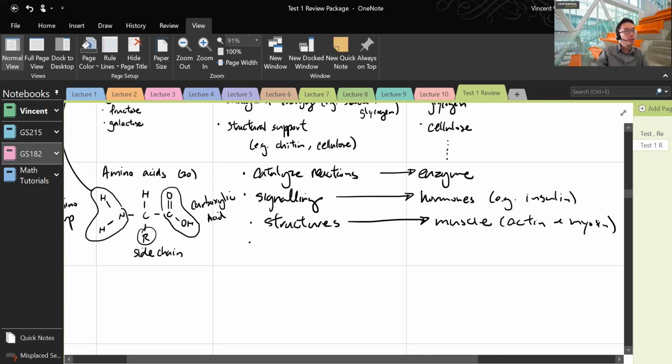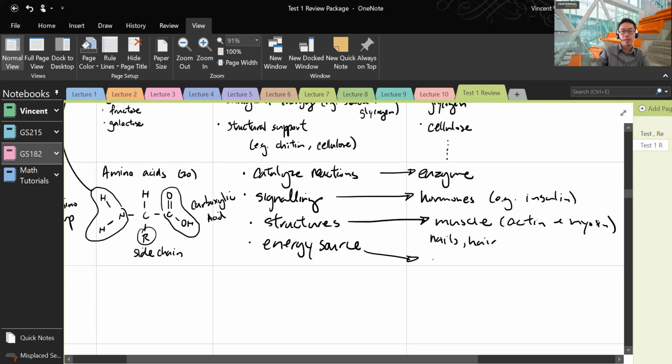What's another one? Maintains pH. Yeah, could be. Not a big one that we talked about, but that could happen if we have an enzyme that does that. Structure, fuel, yeah, energy source. Other structure would be like nails, hair.